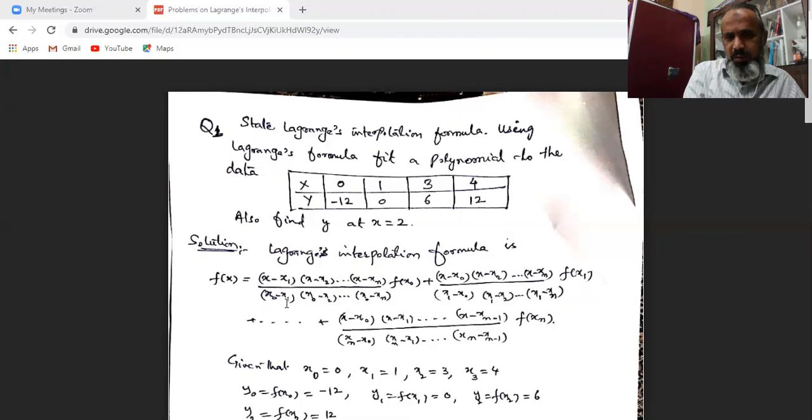And in the denominator, each value of x should be subtracted from x naught. What is the second term? In the second term, the factors in the numerator are x minus x naught, x minus x2, not x minus x1, into x minus x3, up to x minus xn, divided by, we have to again subtract these x values from x1.